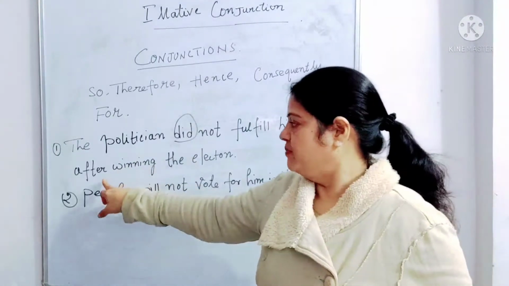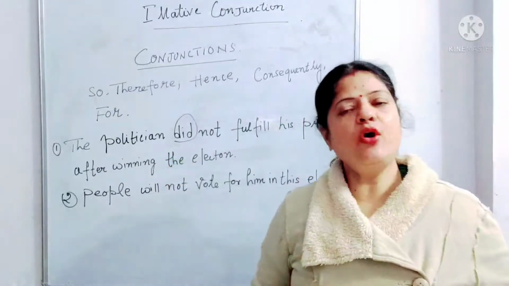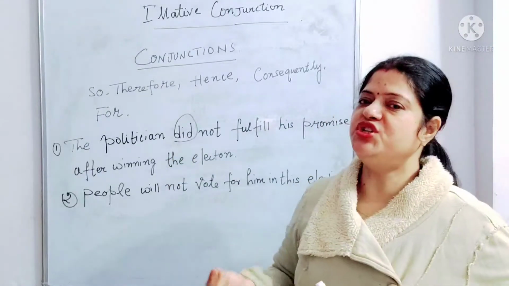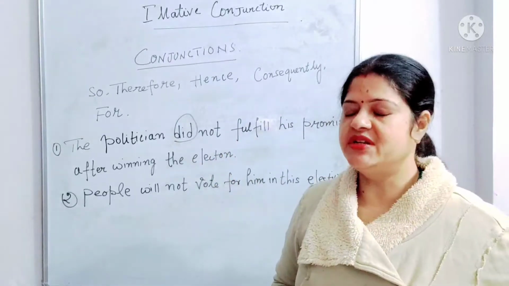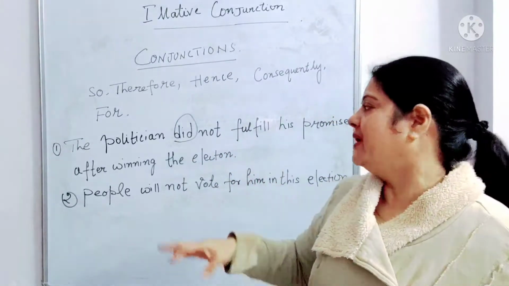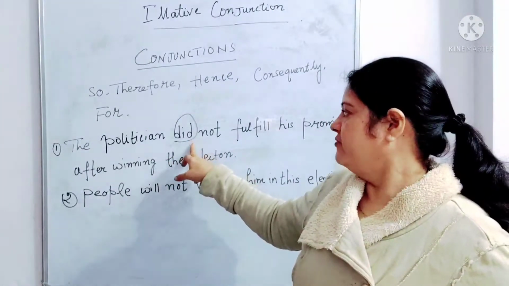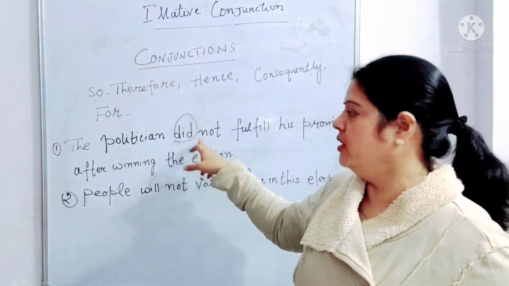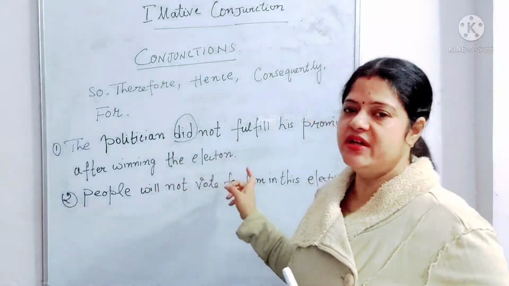Okay, so the preposition has just come before the noun. As we all know that every preposition takes a noun after it. So that's a different thing. We will discuss it later on. But the thing is that here we find that we have only one finite verb, that is did. Okay, the politician did not fulfill his promise after winning the election.